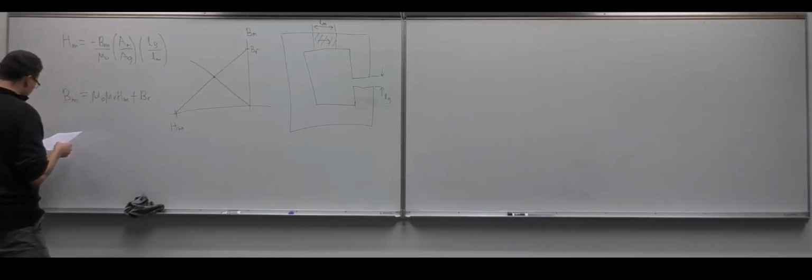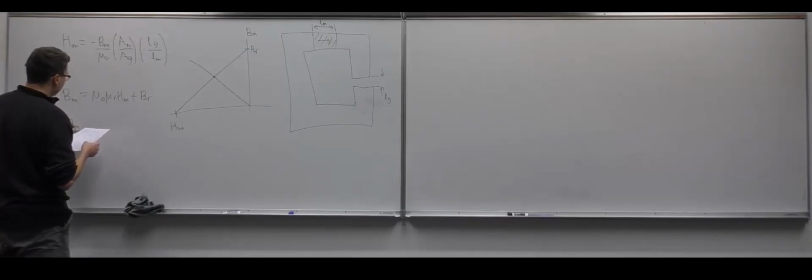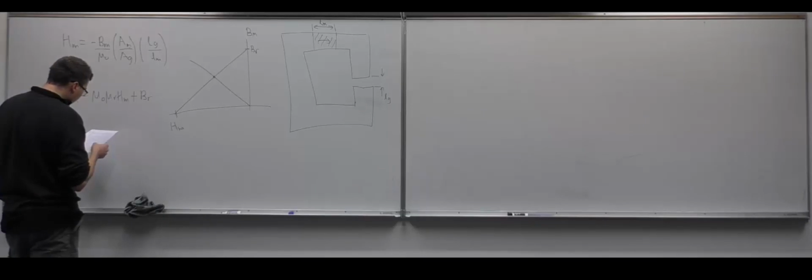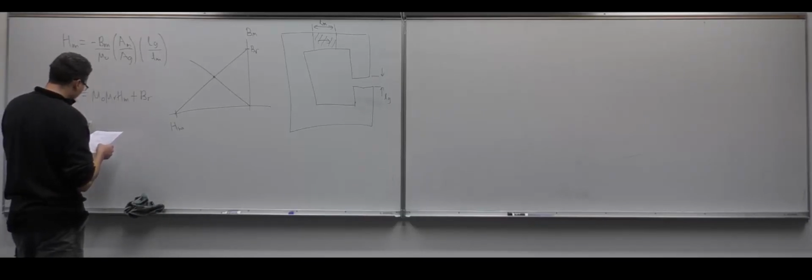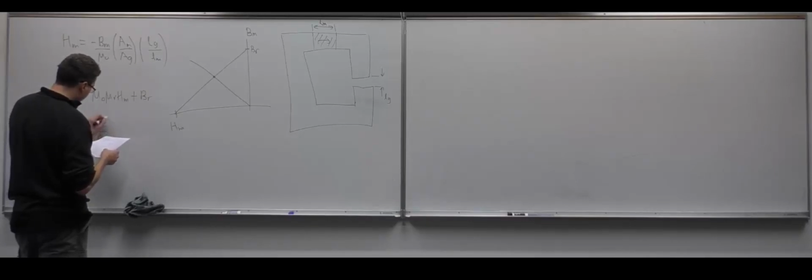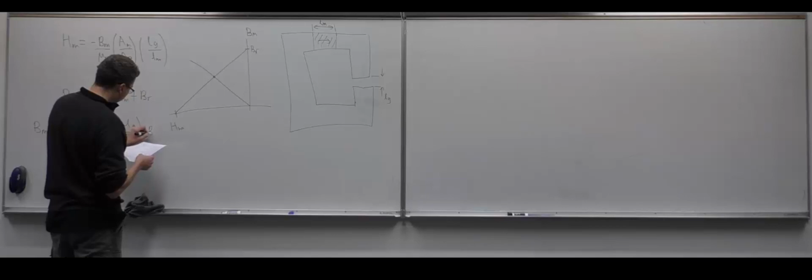So if we do that, we get Bm is equal to minus Bm, mu naughts cancel, mu r, Am, Ag, Lg, Lm plus Br.